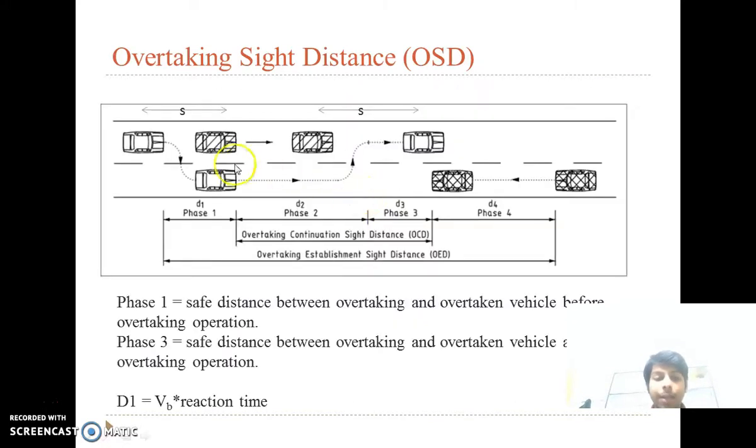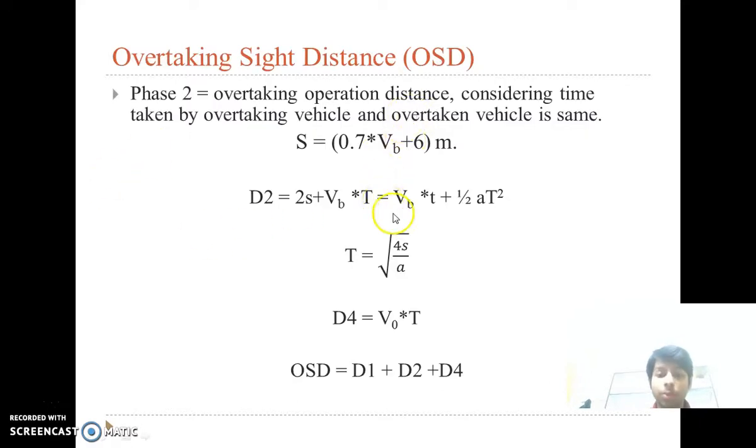This is also equal to the distance covered by the overtaking vehicle, which we can find by Newton's equation of motion, ut plus half at square, where u is its initial speed, equal to the slow moving vehicle's speed. So equating these two, we get the time, which is equal to under root of 4s by a. Now we can calculate d2 as we know the time.